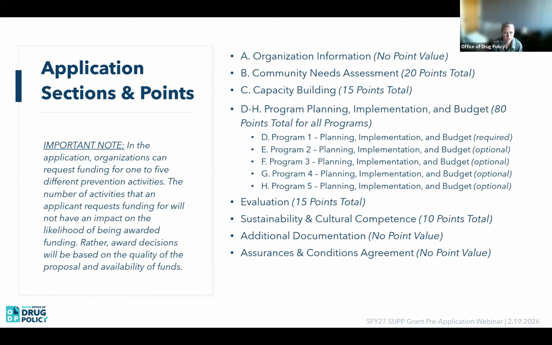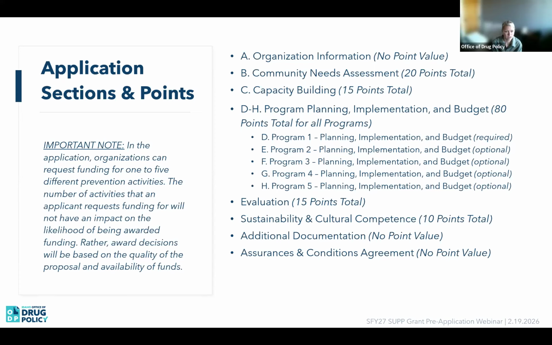So one thing to note, you'll see up here on the screen that sections D through H are for program planning, implementation, and budget. These sections are worth 80 points total for all programs. So in the application, organizations can request funding for 1 to 5 different prevention activities. The number of activities that an applicant requests funding for will not have an impact on the likelihood of being awarded funding.